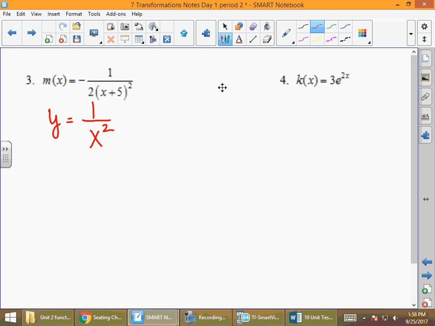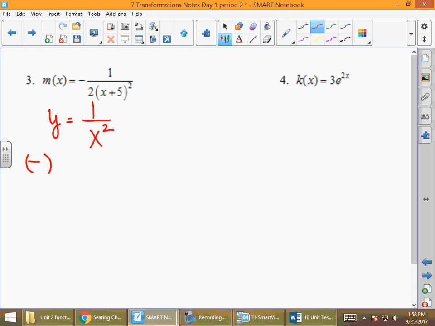But there are 3 transformations that are happening to this graph, to this equation. And the first one is, once again, the negative, which is outside of the function. The negative that's completely in front of the fraction is where it's outside of the function.